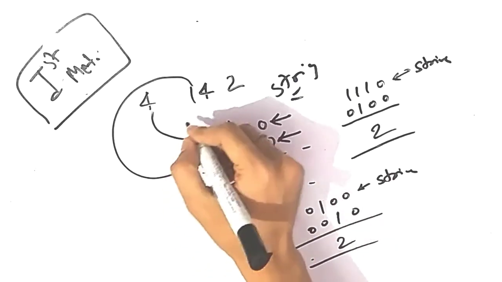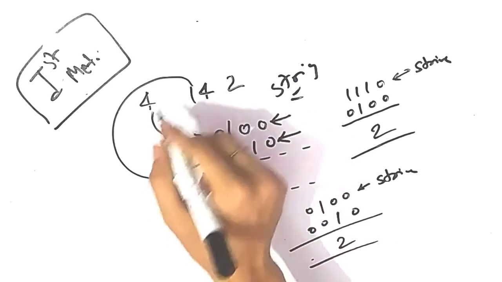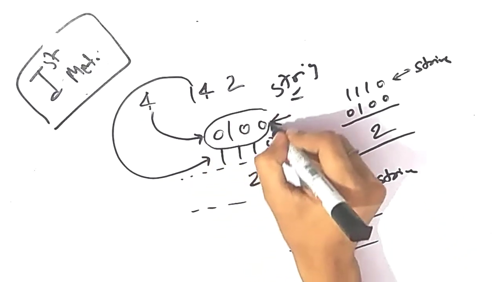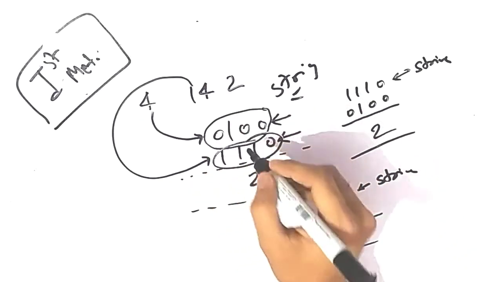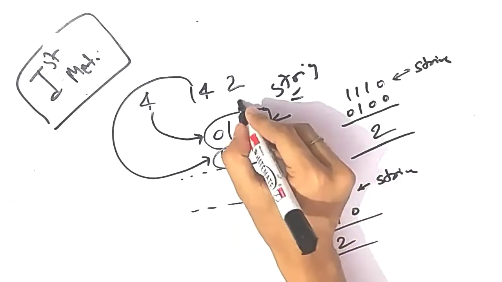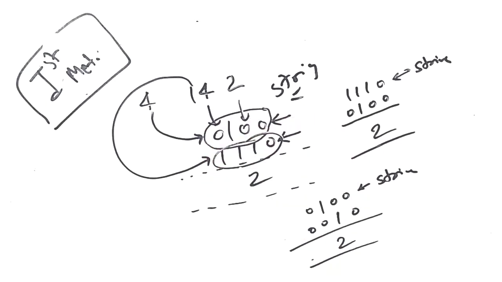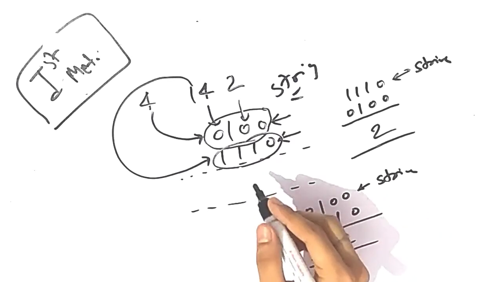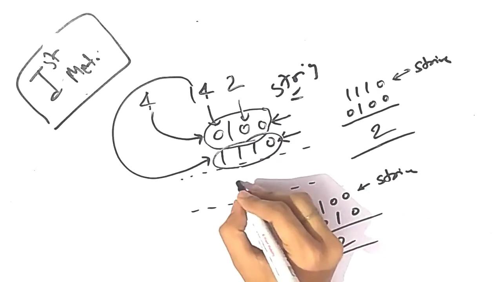So firstly we will convert this decimal to binary and this decimal to binary. Now we will store them in strings, and we will compare the strings where the string positions are different. Let's say these are the positions where bits are different, so we will increment the count. So the total count will be 2.